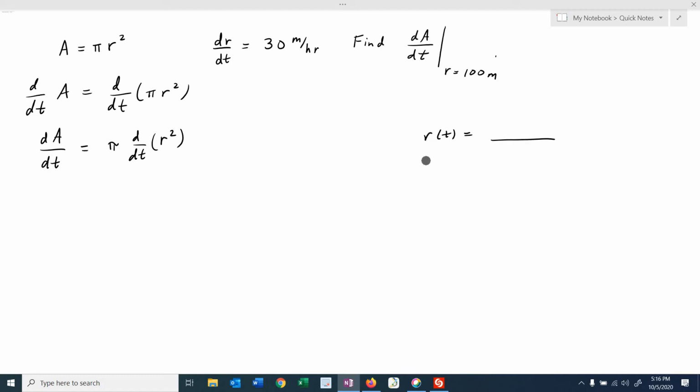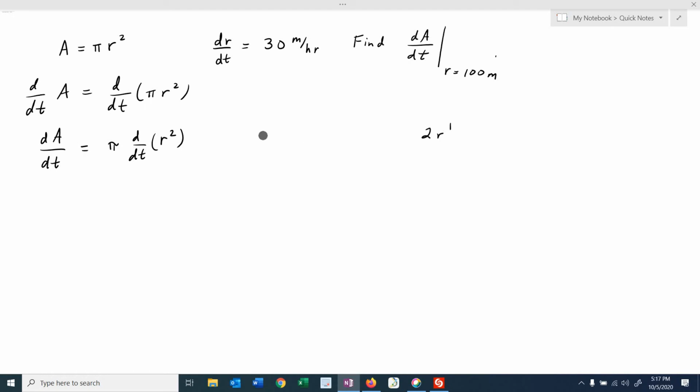We do know that the radius does depend on time, so we can find the derivative of it with respect to time. We have to use the chain rule, because r is the inner function and it's being squared, which is the outer function. Anytime you take the derivative of a composition of two functions, you have to use the chain rule. So using the chain rule, the outer derivative is just going to be 2r to the first, right?